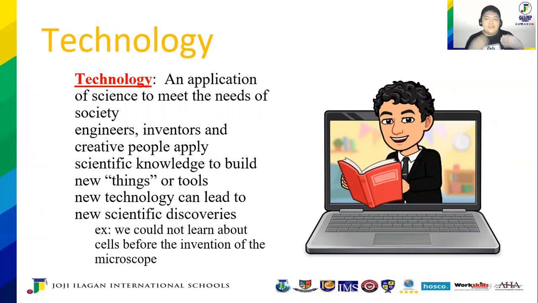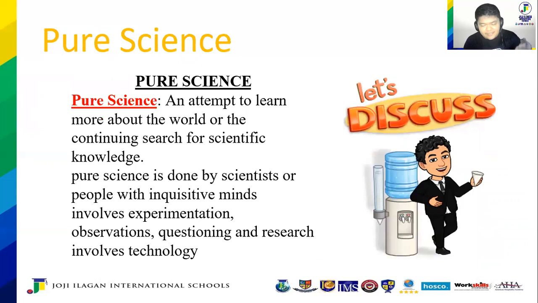If I relate this to myself as a computer science graduate, many people get confused in our IT domain about what to choose: computer science or information technology? Computer science is part of pure science.